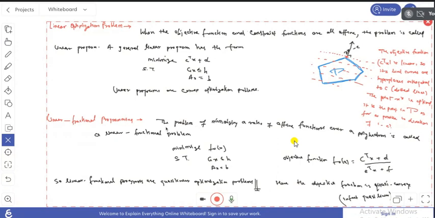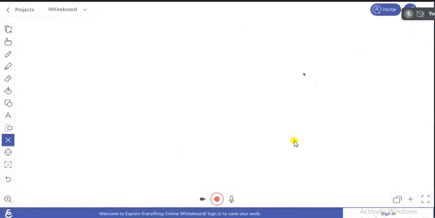If the objective function is a quadratic function, then the program is categorized as a quadratic optimization program. So the next page is the quadratic optimization problem.